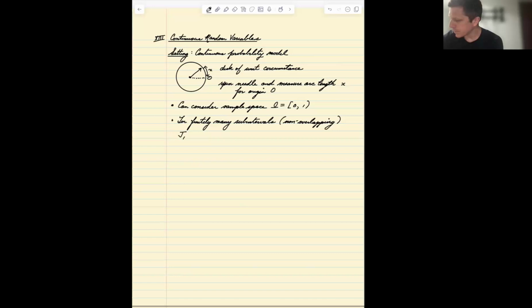We will define the probability measure on this: the probability of the disjoint union of these subintervals as the sum of the arc lengths of those subintervals.